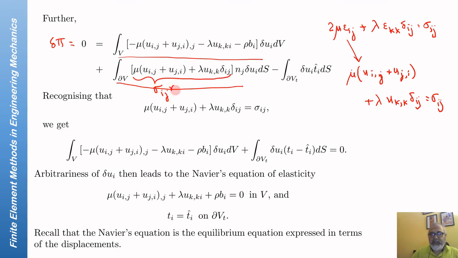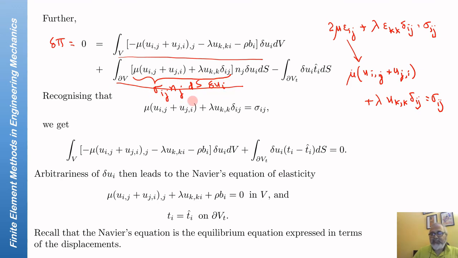So what you have here is sigma ij nj over the surface, part of which is the entire surface delta v, but you also have this del ui, which is equal to 0 over delta vu. So over delta vu, this quantity is 0.